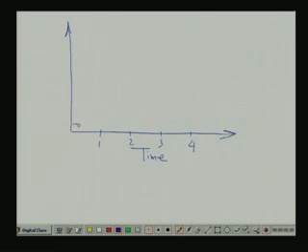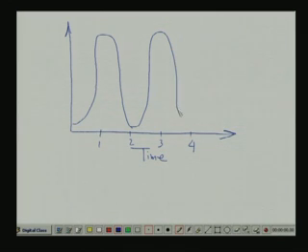The two peaks come like this. It is a good separation of the two components.